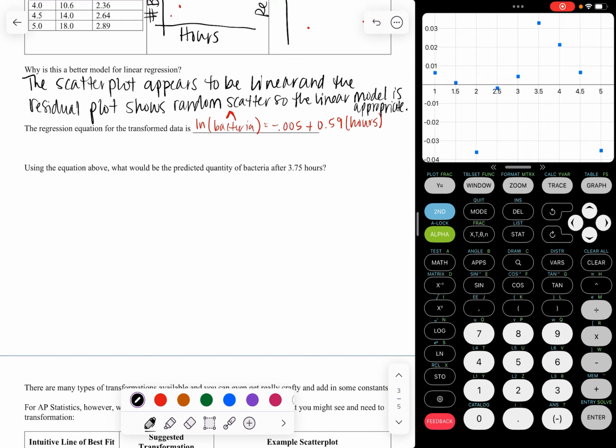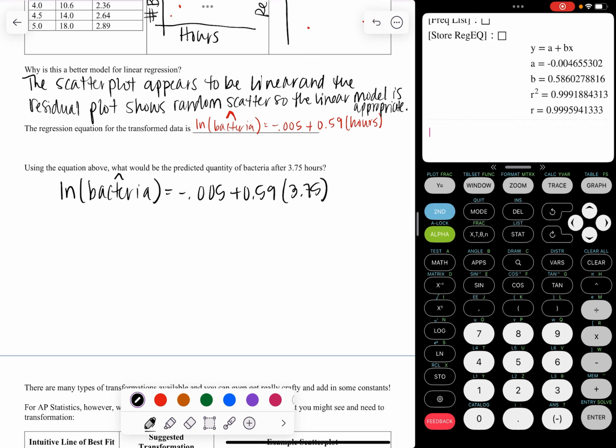So I'm just going to take what we have, ln bacteria is equal to negative 0.005 plus 0.59, and where hours is, I'm going to plug in 3.75. And let's see what we get.